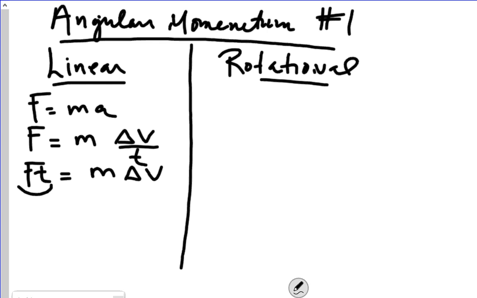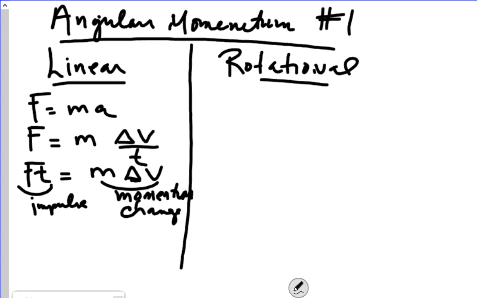He said, that is what we call impulse. Technically, because we've got that little delta in there, it's the momentum change. So in order to change an object's momentum, we have to apply an impulse. We have to apply force over a period of time in order to make something change its momentum.